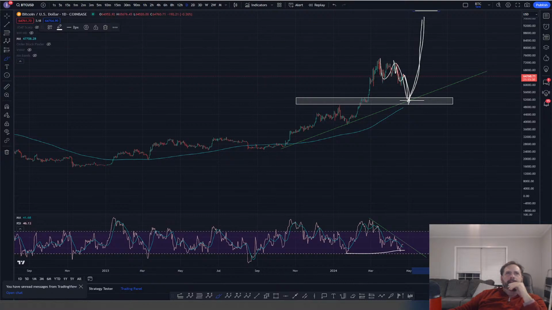Let's take a peek at the chart Chemo shared that I should.